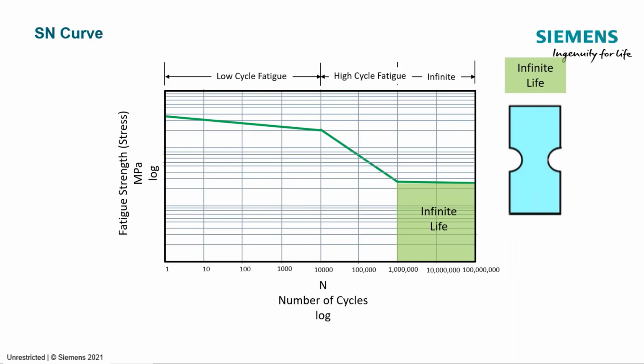And then the infinite life region. This is the region where if we keep the stress below this level, we never accumulate damage. It'll last forever. Just keep in mind on that infinite life theory that if it goes over this level one time, then we calculate damage down here.